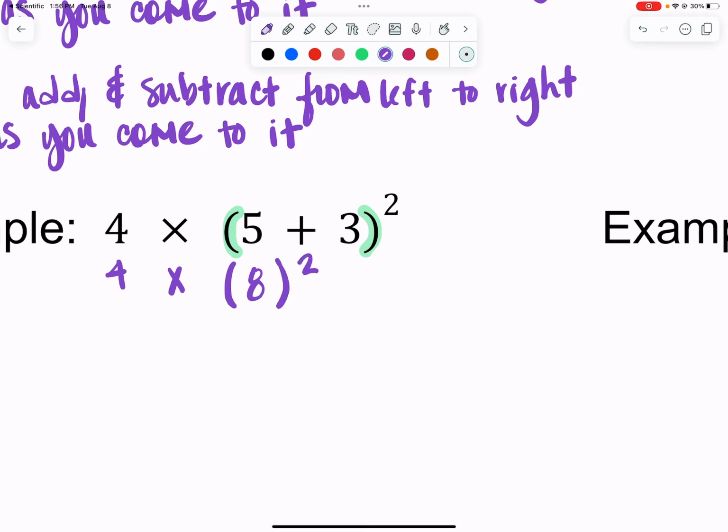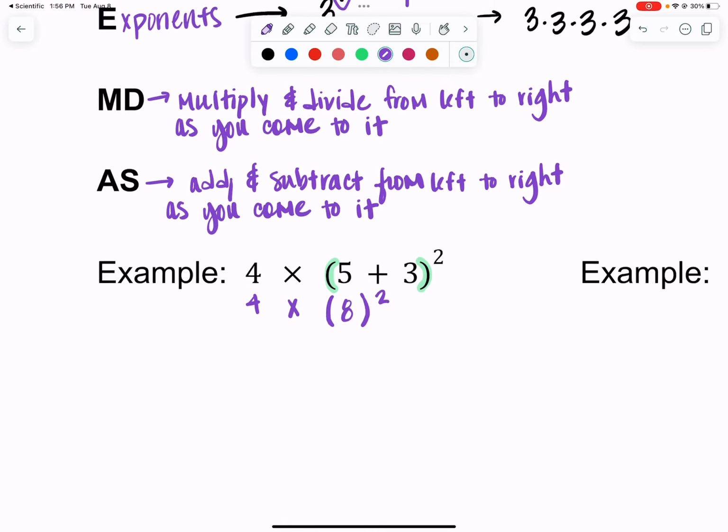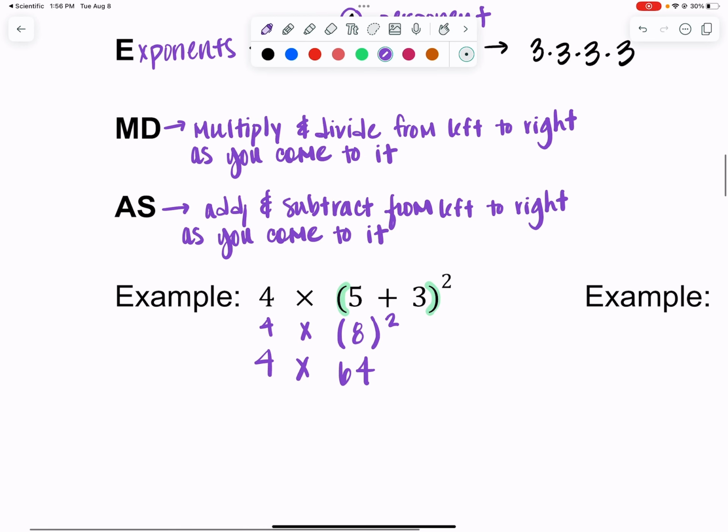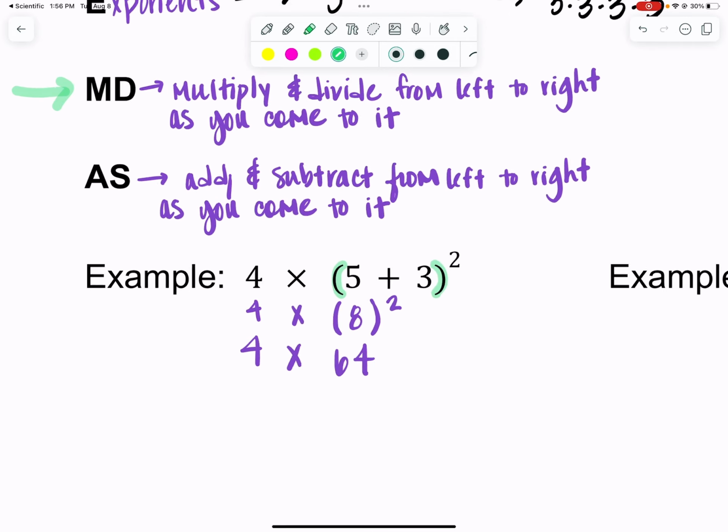So that is the first thing I do. Everything in the parentheses first. Then if I go down my list, exponents comes next. So 8 squared is 64. Then we are right here. We are going to multiply and divide, then add and subtract.